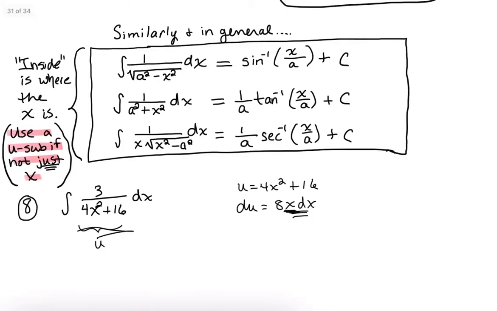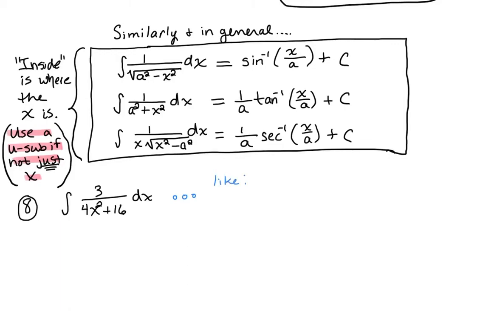Let's erase all that and observe that this should remind us of something. If I was going to do this from scratch, and you definitely might have Calc 2 instructors that do that, I think to myself, this reminds me of the integral of 1 over 1 plus x squared dx.